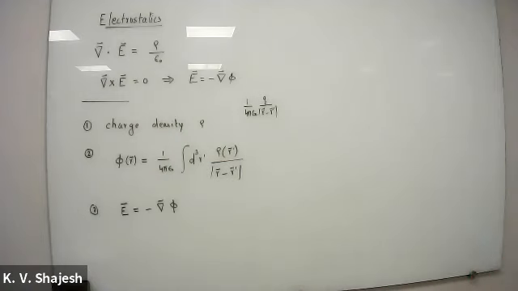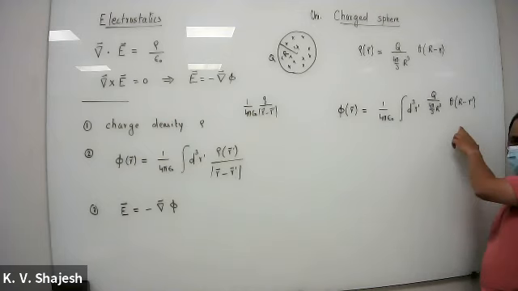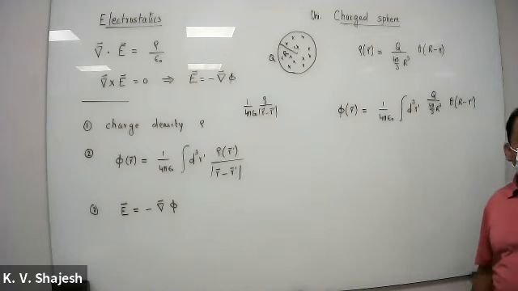So this becomes r prime. And we have been using the notation that primes are all sources and unprimed quantities are observer points. That's where we are observing the electric potential. Divided by r minus r prime.